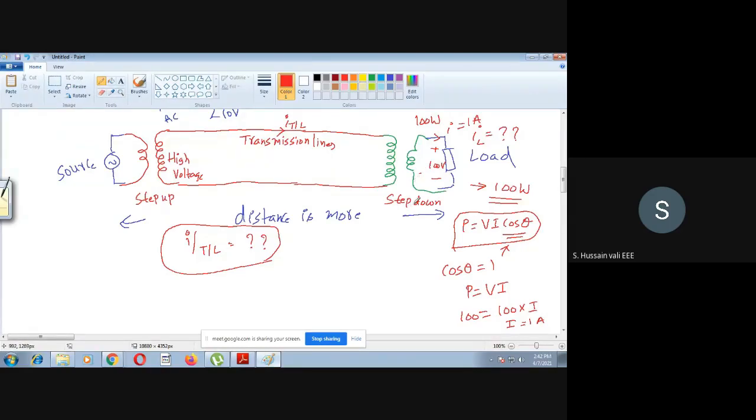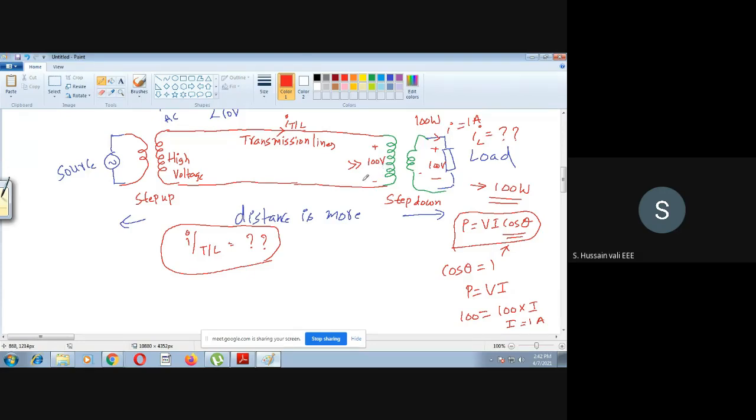So the primary voltage here is definitely more than 100 volt, because it is a step down transformer. The secondary side voltage is always less than the primary side voltage. So the secondary voltage is 100 volt, and the primary voltage will be much more than 100 volts.